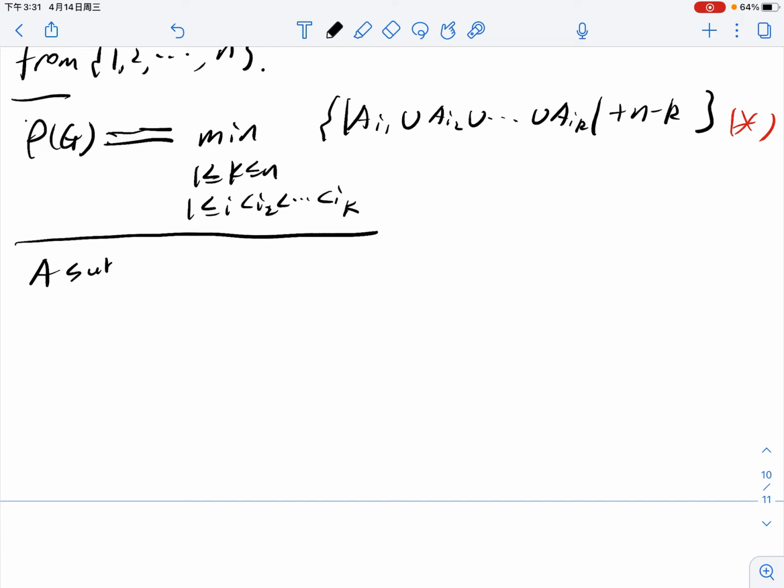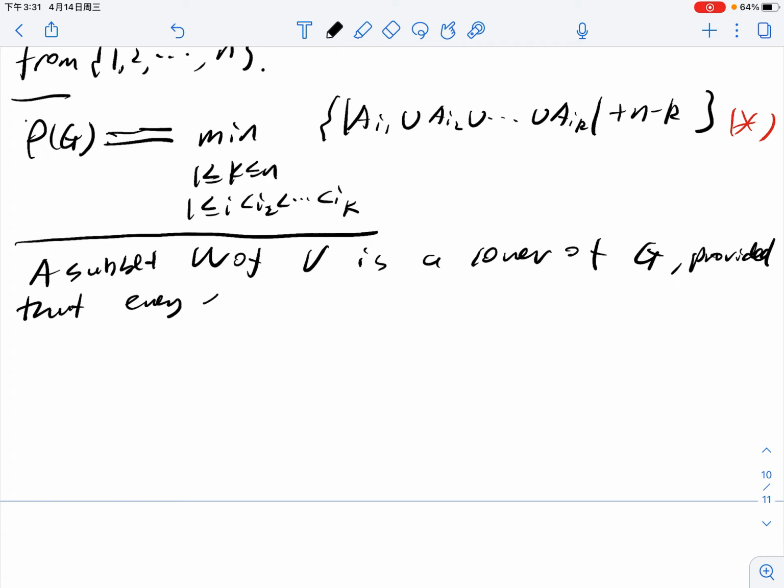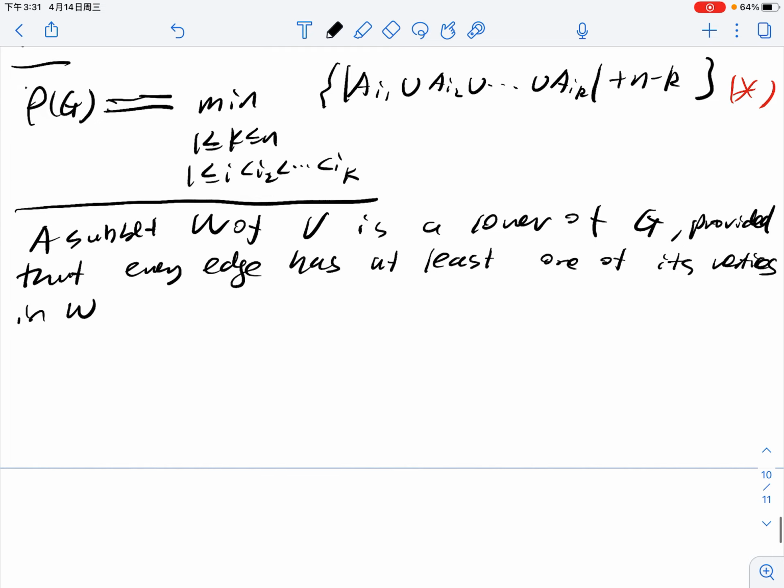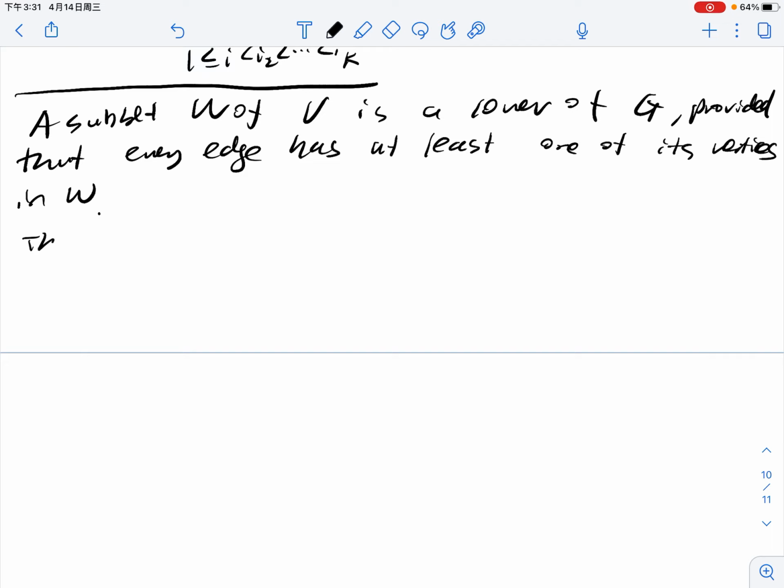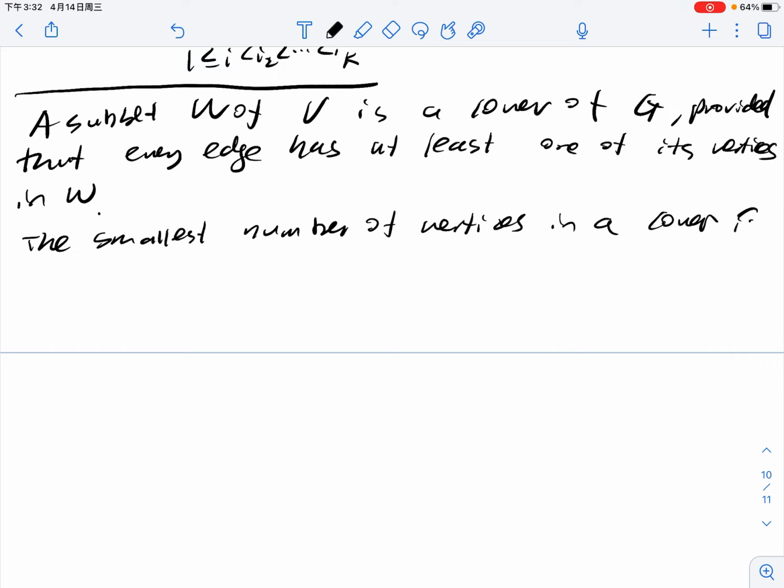So a subset W of V is a cover of G, provided that every edge has at least one of its vertices in W. Okay, and then the smallest number of vertices in a cover of G is c(G).